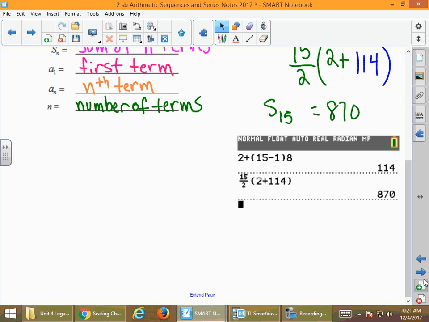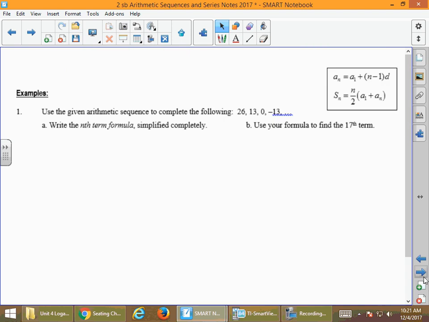But as we turn our page here, use the given arithmetic sequence to complete the following. We want to write the nth term formula, like we did last class. And then we want to figure out what the 17th term is. So the nth term formula is that first formula up there.